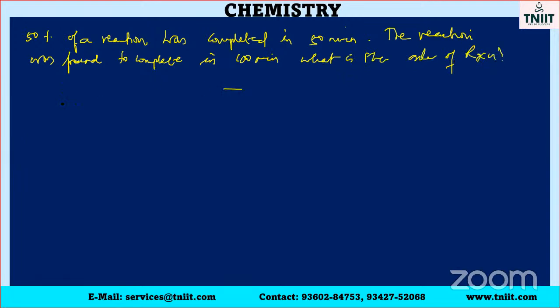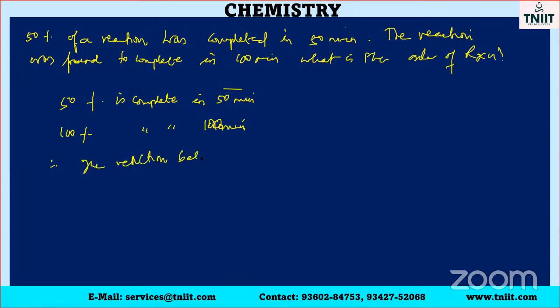Now, 50% of the reaction is complete in 50 minutes, and they've given that 100% of the reaction is complete in 100 minutes. Therefore, the reaction belongs to zero order.